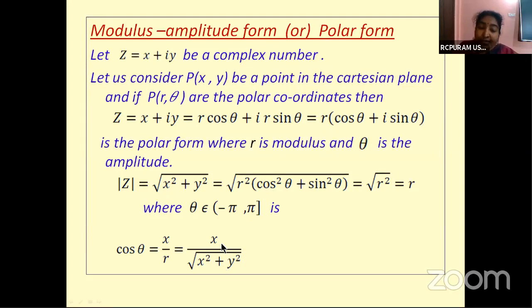So cos theta is equal to x by root of x square plus y square, and sin theta is y by r, which is nothing but y by root of x square plus y square. And we can also write tan theta is y by x, as we have seen in the previous concepts. Theta is equal to tan inverse y by x, where you will be getting that from these two terms itself.